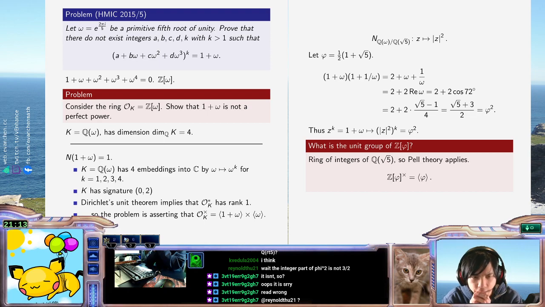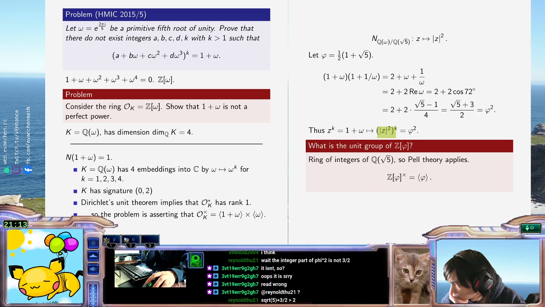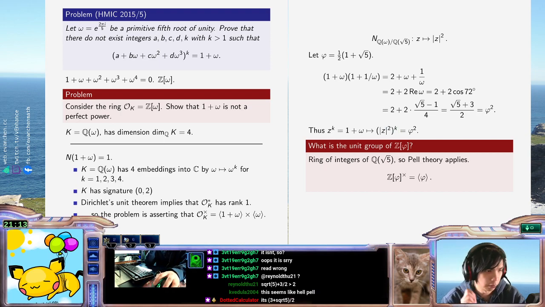So if that's the case, absolute value z squared all to the k is equal to phi squared. I think phi should definitely be the fundamental unit here.